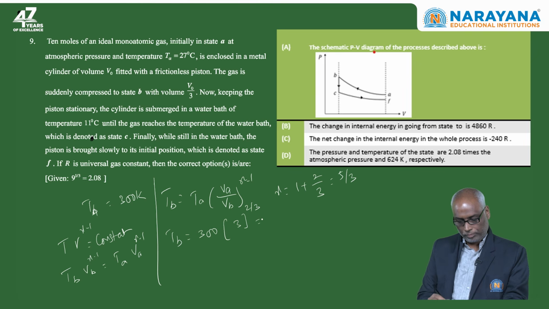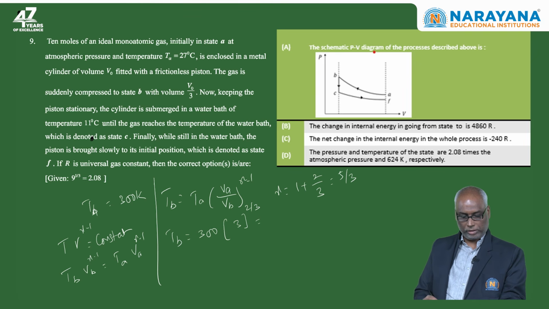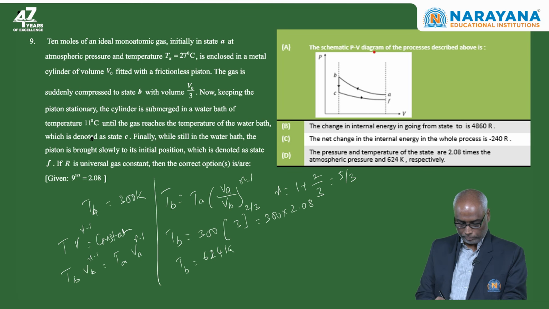This 3 to the power of 2 by 3 is nothing but 9 to the power of 1 by 3. So, this value becomes 300 into 2.08. So, temperature at B becomes 624 Kelvin. The change in internal energy equals n Cv delta T. So, delta U equals number of moles, given as 10.